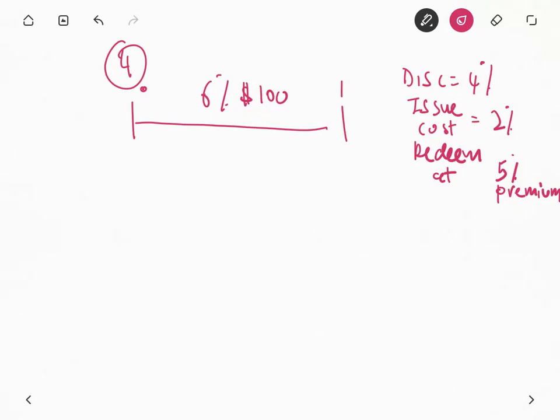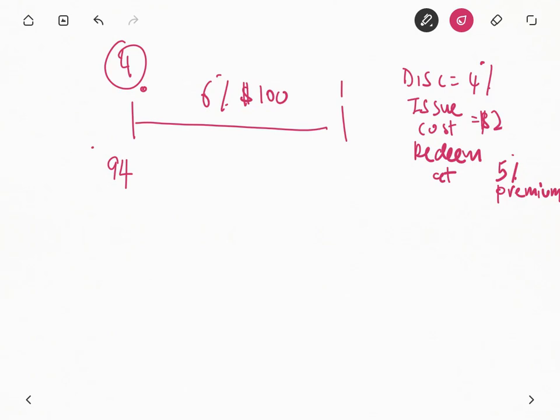I borrow 100. The agreement says I borrow 100. Discount will be 4%. Issue cost will be $2, not 2%, $2. I'm going to redeem at 5% premium. So how much do I receive? I will receive 100 minus $4, so 96. 96 minus 2, 94. This is how much I receive net.